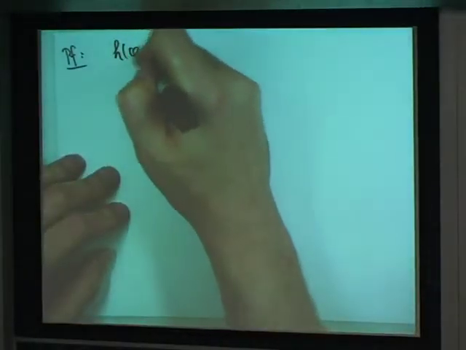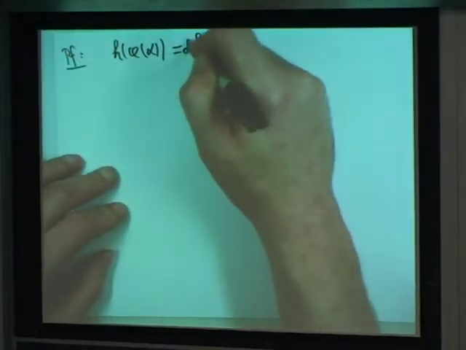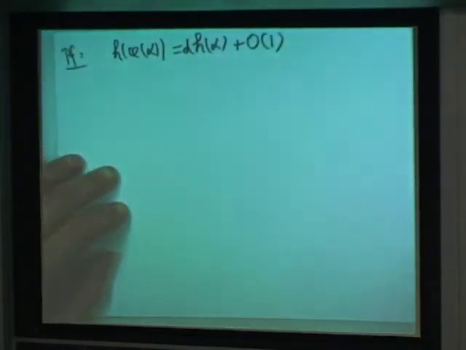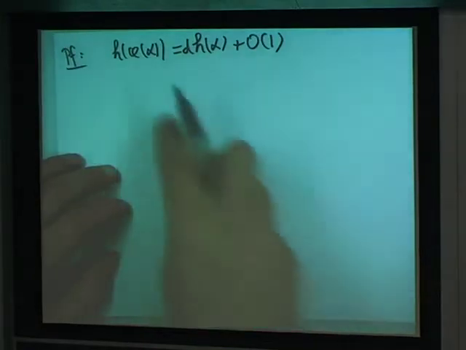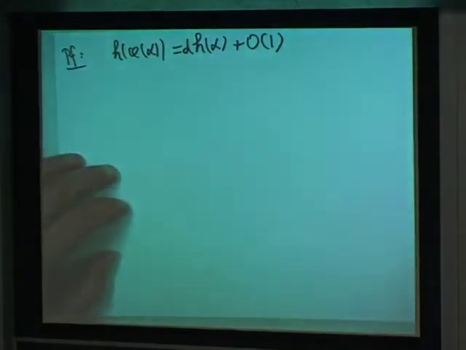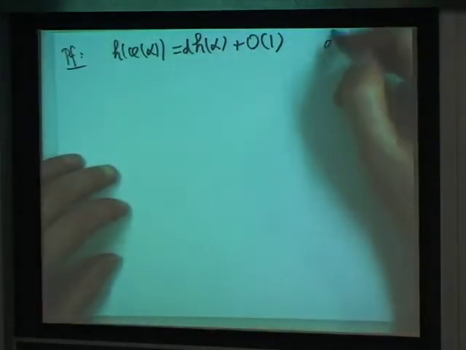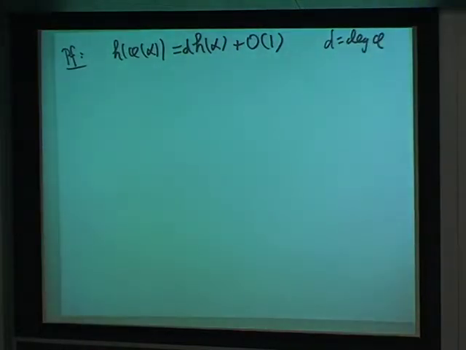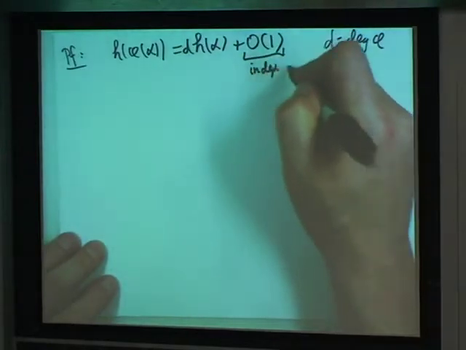So the starting point is the height estimate I mentioned last time, which says that if you take a point alpha and hit it with the map phi, the logarithmic height gets multiplied more or less by the degree of the map, up to an O of 1, where the O of 1 is independent of alpha.